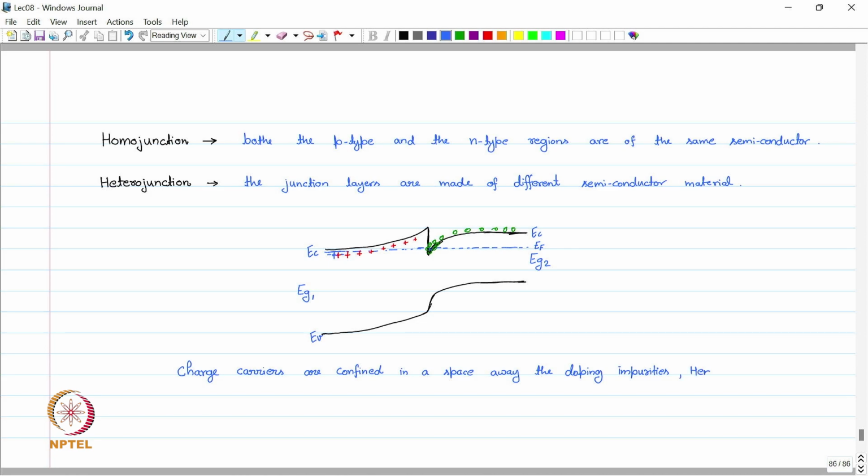Hence, improved mobility, or the high electron mobility.